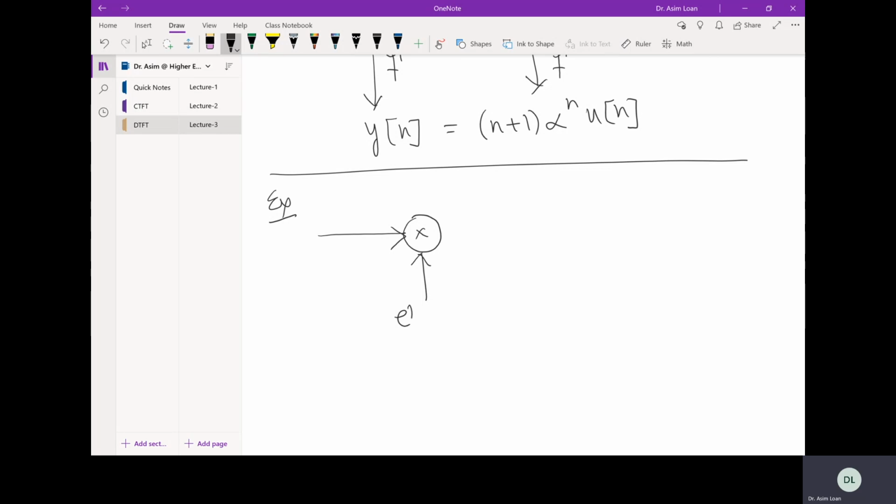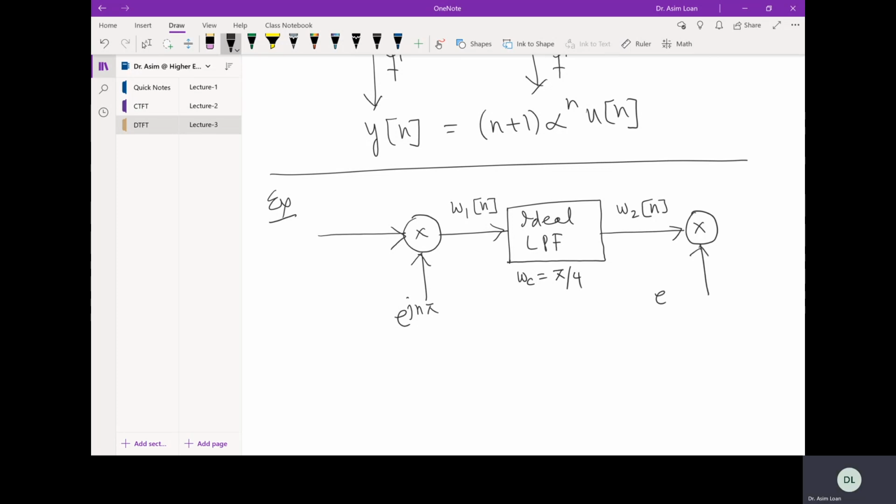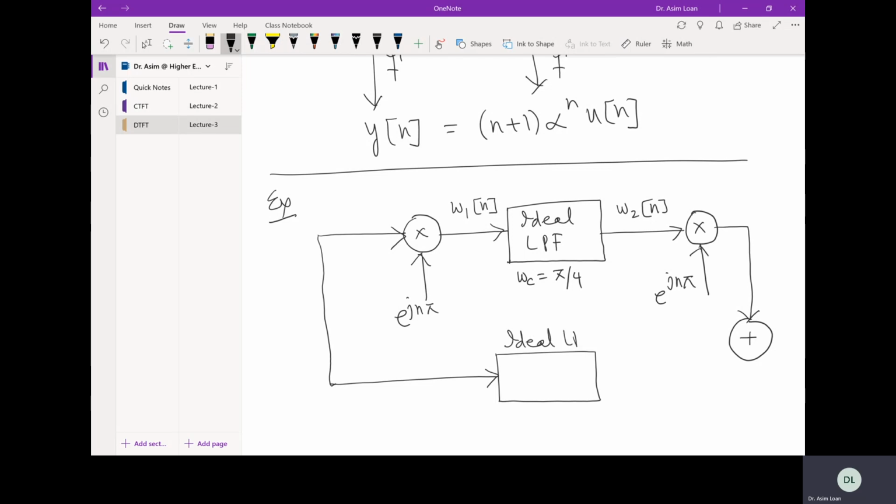This is e^{jn pi} and w1 of n, an ideal low pass filter with a cutoff of pi by 4, w2 of n, then e^{jn pi}, and the same ideal low pass filter, ideal low pass filter, omega c is pi by 4, with the passbands around 0 plus or minus omega c and pi minus omega c.